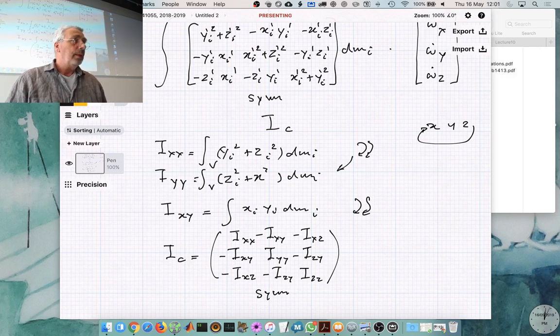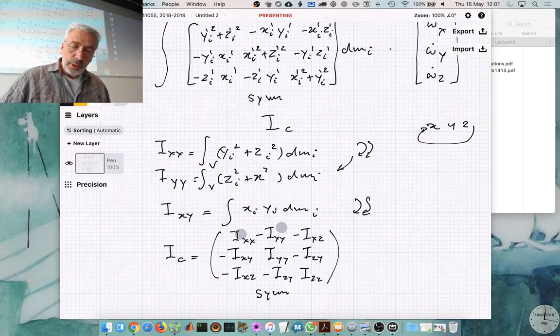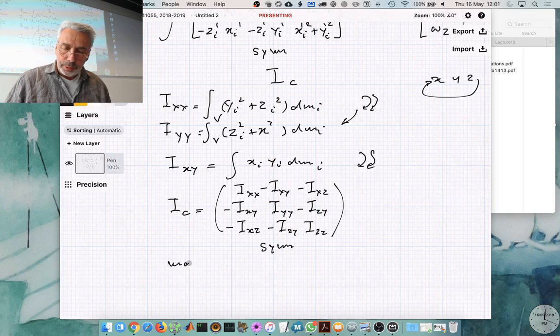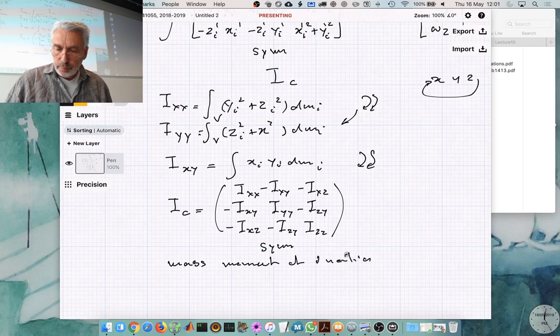And if people with one idea read the text with another idea, there's total confusion. So always be very careful when we talk about these off-diagonal terms. So we call this the mass moment of inertia matrix.